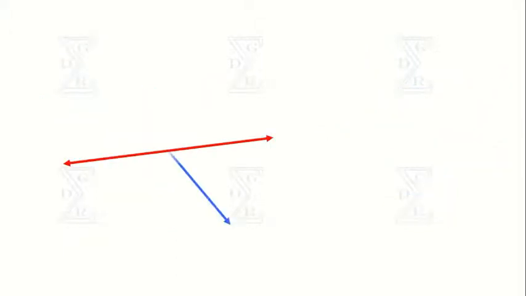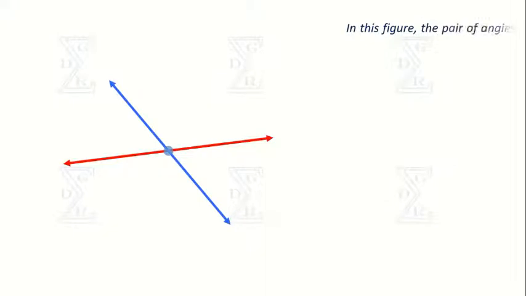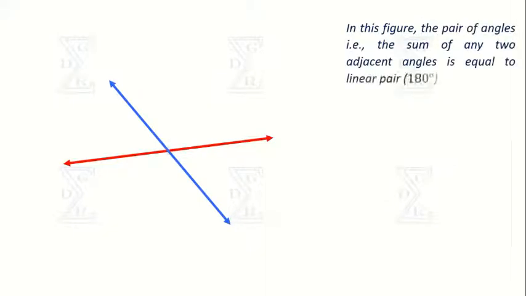If two lines are intersecting at a vertex, they form four angles. In this figure, the sum of any two adjacent angles is equal to a linear pair, that is, 180 degrees.